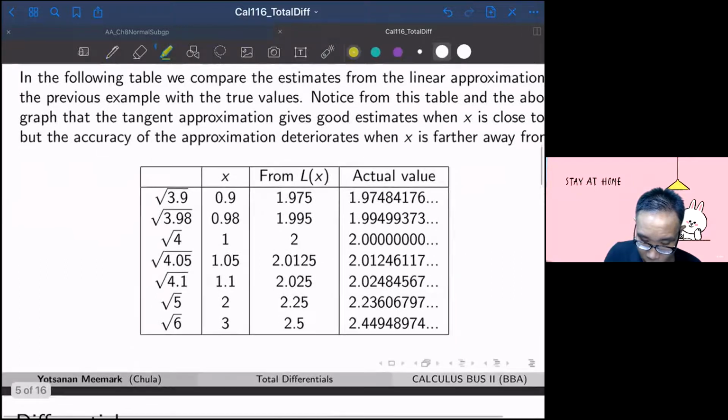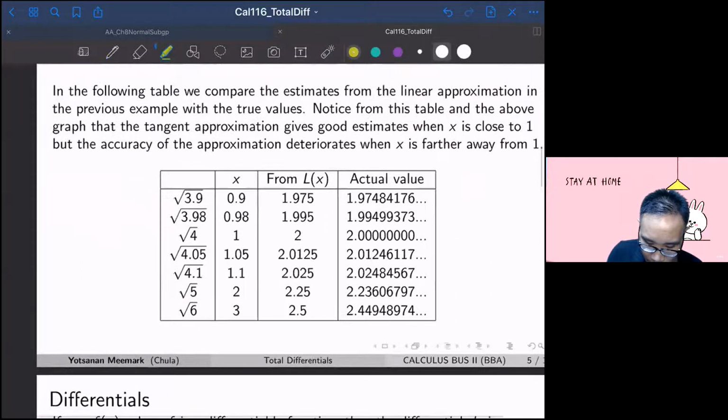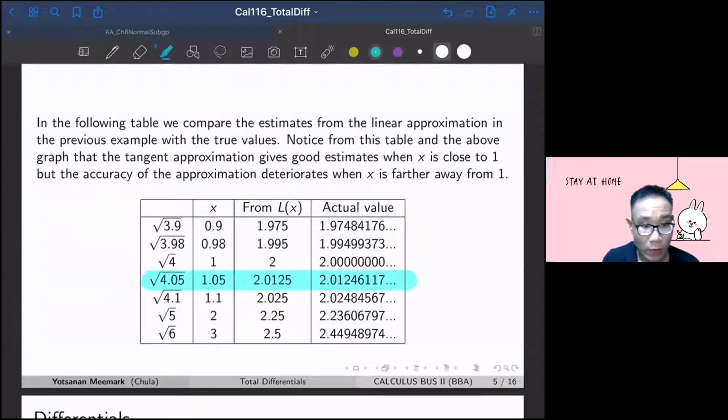So you see that the approximation that you get is 2.0125, and the actual value turned out to be 2.012461. So you see this one is correct up to 4 digits.